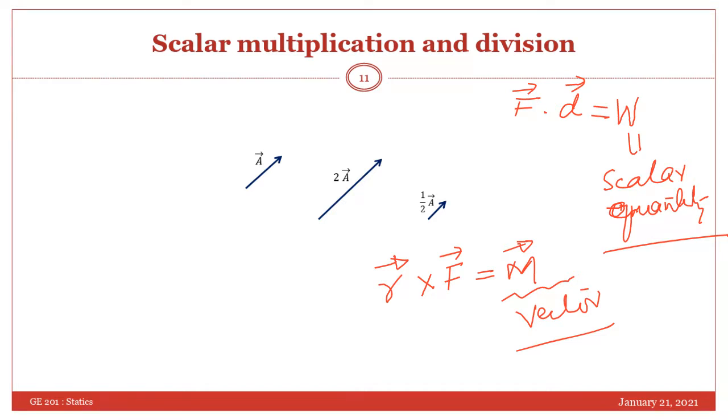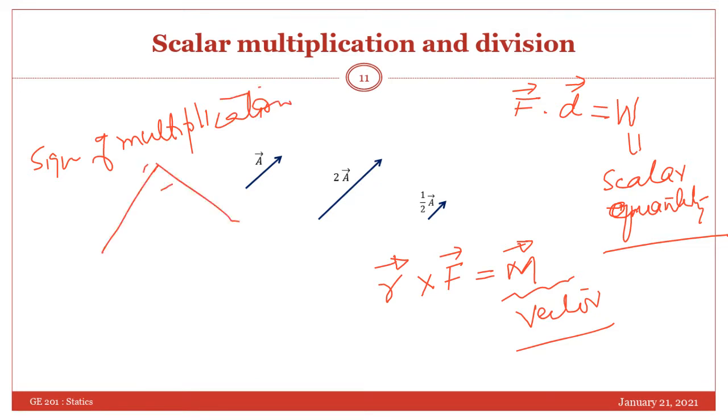Depending on what the answer is going to be, we decide the sign of multiplication. As you know, there are two very common signs of multiplication: one is the dot and another is the cross.